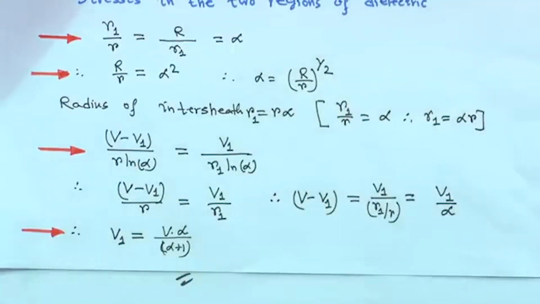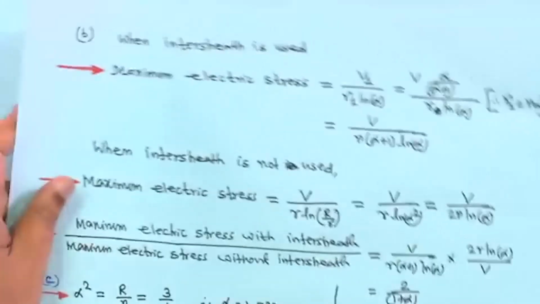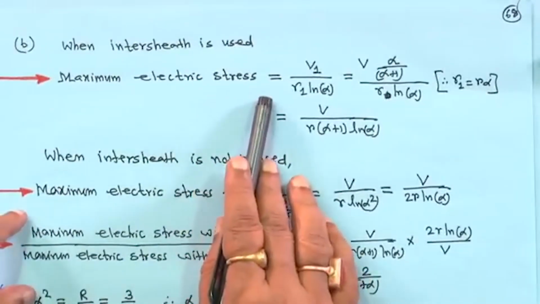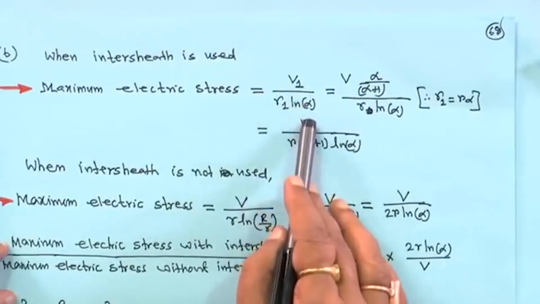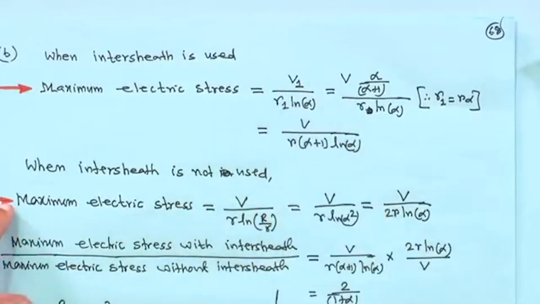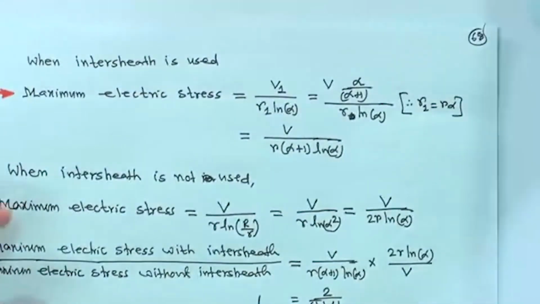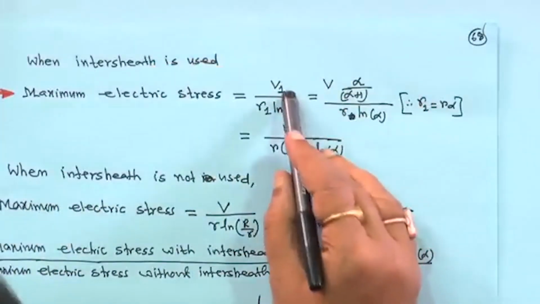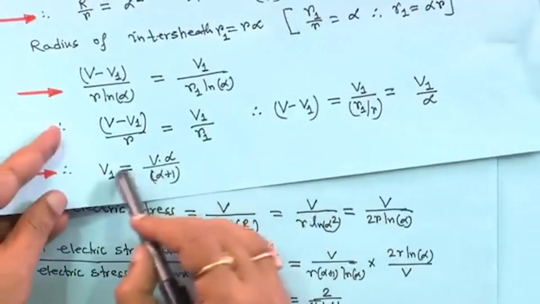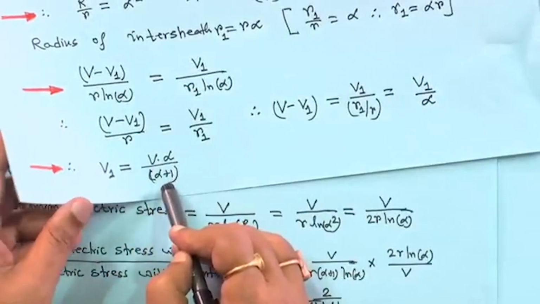Now, the second one is, when interseath is used, the maximum electric stress is V1 upon R1 ln alpha, actually. Therefore, we have V1 is equal to V alpha upon alpha plus 1.